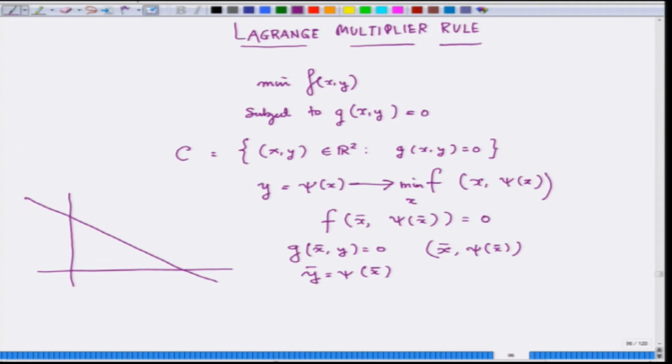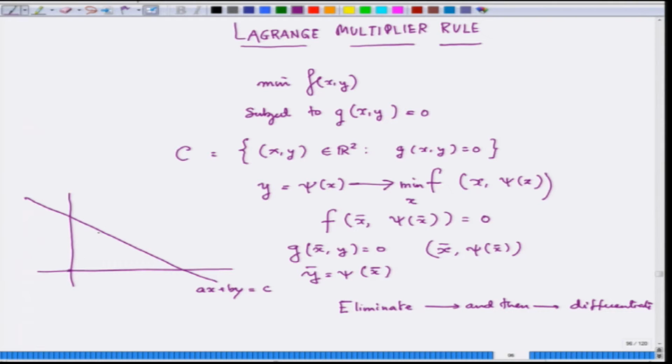So what has been the step? Our step has been: eliminate, and then differentiate. Now, for example, I am asking: find a point on this line Ax plus By equal to C such that the distance from the origin of that point is minimum.